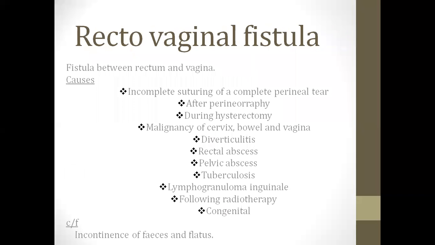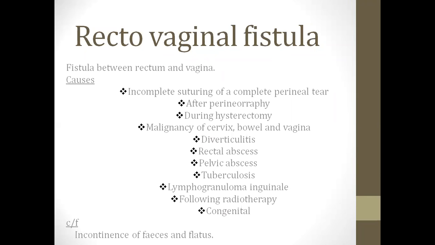Rectovaginal fistula. Fistula between rectum and vagina. Causes are incomplete suturing of a complete perineal tear. As you know, perineal tears are of various types, first degree, second, third degrees. Whenever there is a complete tear, if the repair is not complete, the patient is likely to develop rectovaginal fistula following perineorrhaphy and during hysterectomy.